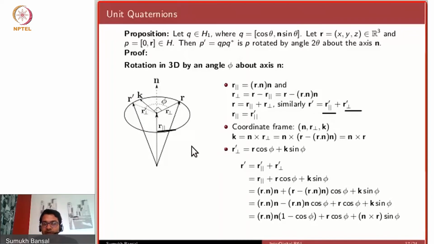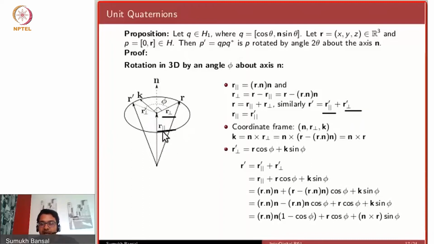Now, the important point to note here is that it's only the perpendicular component of r which is going to be affected by the rotation, and the parallel component is going to remain as it is.